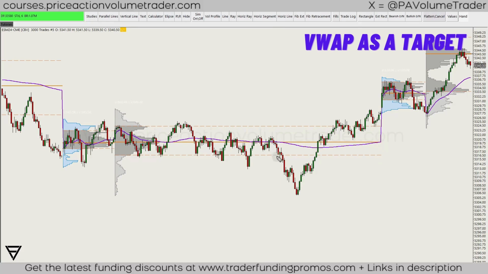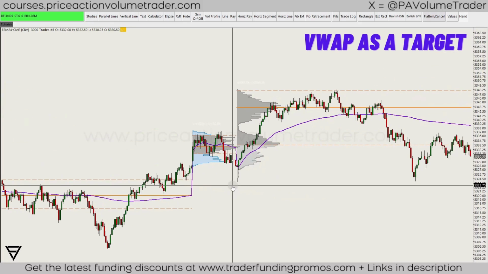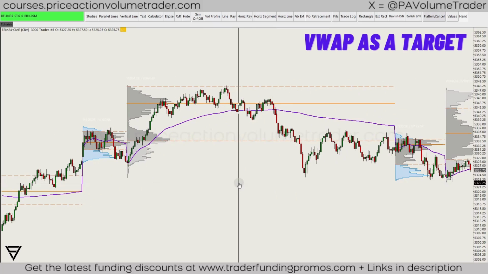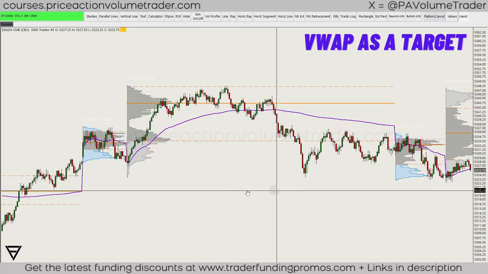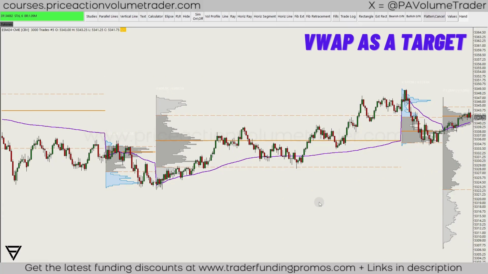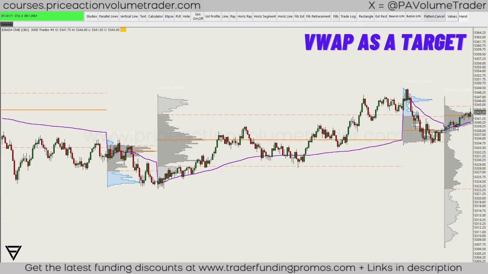Like here, we have this big push down. If you manage to get long up here, VWAP should definitely be one of your first focuses as far as targets, or areas where you want to secure some profits.